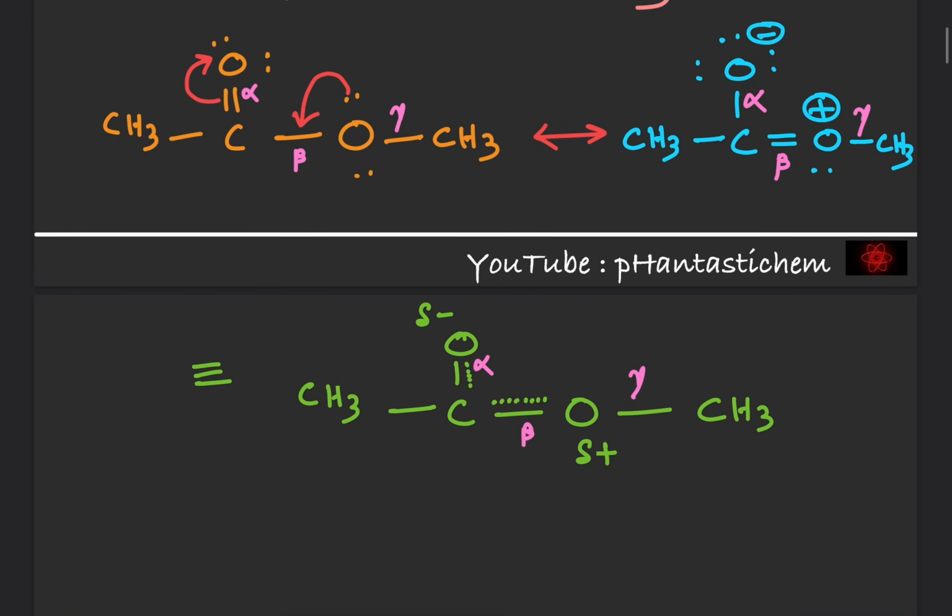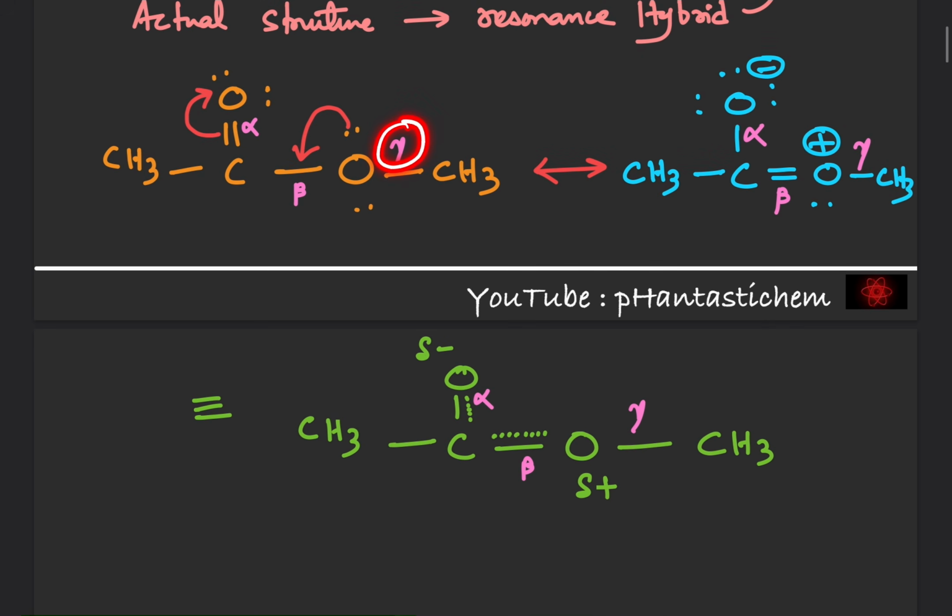So the gamma carbon-oxygen bond, that is this bond, is a pure single bond because there is no resonance or double bond character involved. It's a single bond, and even in the hybrid it's a single bond. So therefore it will be the longest, because we know that bond length of a single bond is greater than bond length of a double bond, which is greater than the bond length of a triple bond.